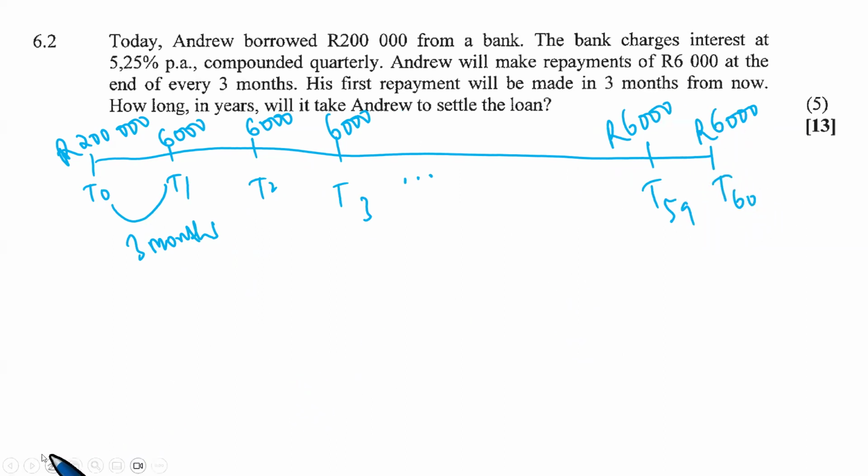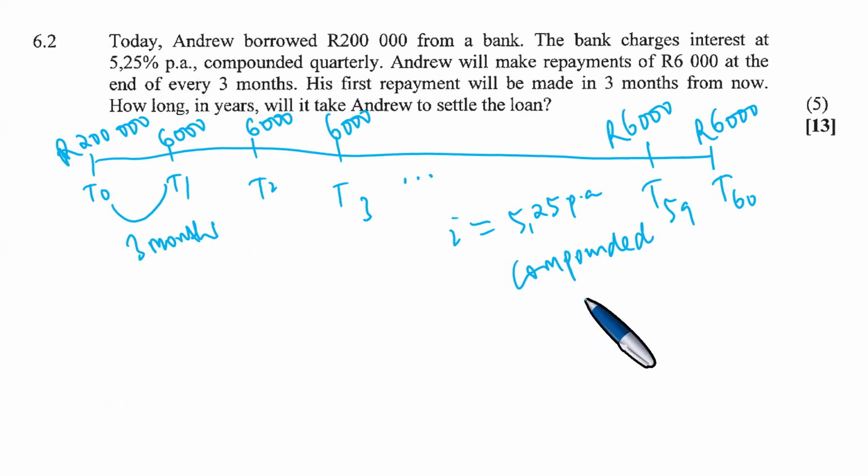The interest is 5.25% per annum, compounded quarterly. Okay, this is the timeline.